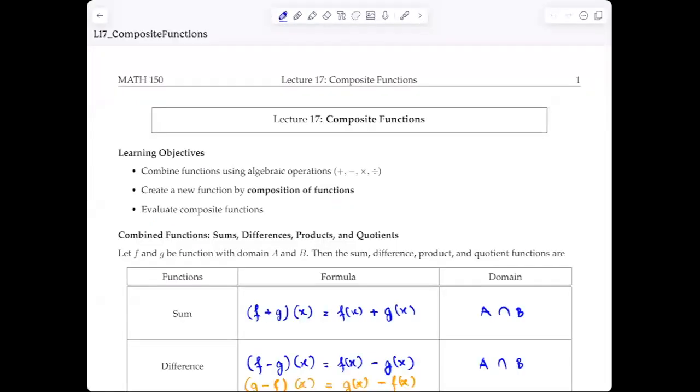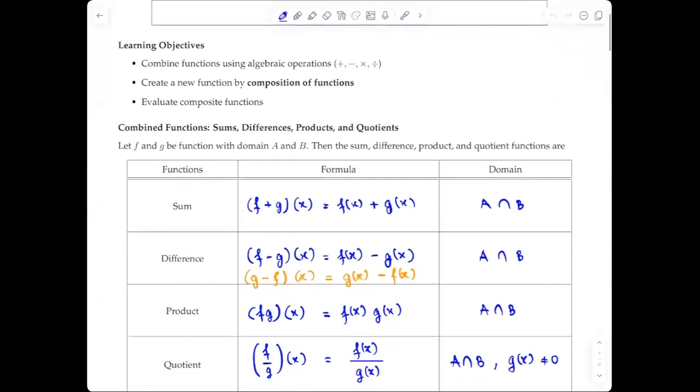All right. So before the exam, we start covering new topics called combined functions. We're going to build up some background on combined functions before we get into composite functions. Composite function is another way to combine two or more functions together. Before we get to composite functions, we want to talk about combined functions.